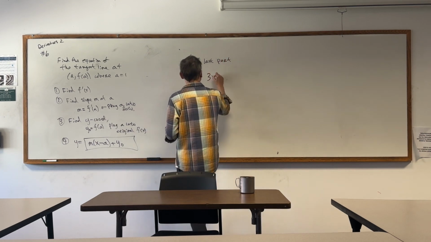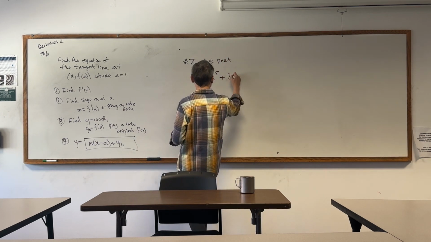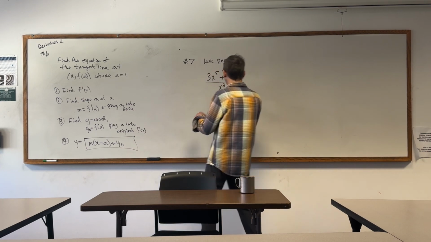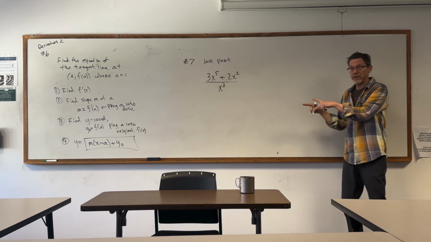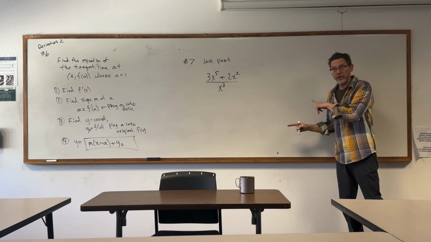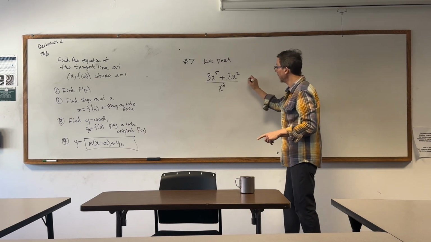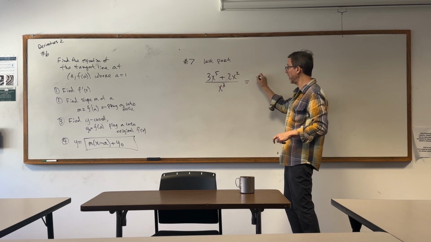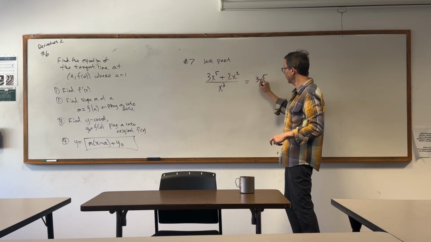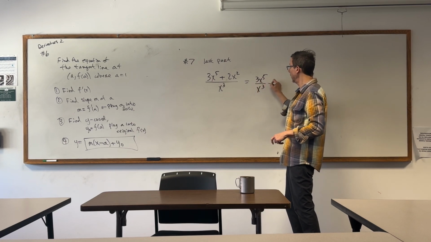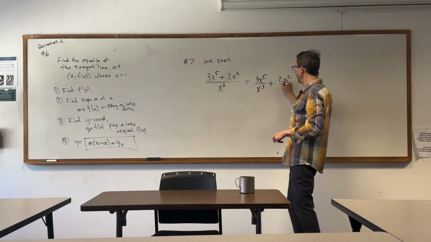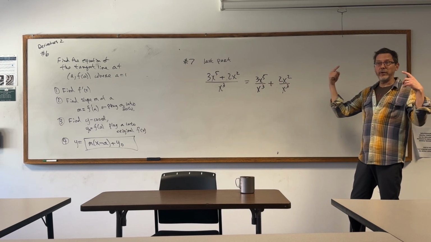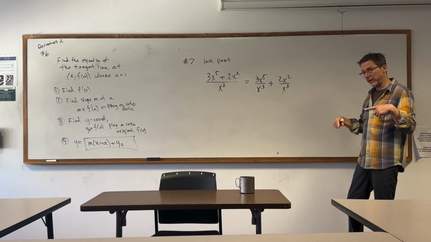They say first simplify and then differentiate without the quotient rule. Since I have a fraction with a sum on top, I can break it apart. First I would do that. Then I would simplify by subtracting the exponents.